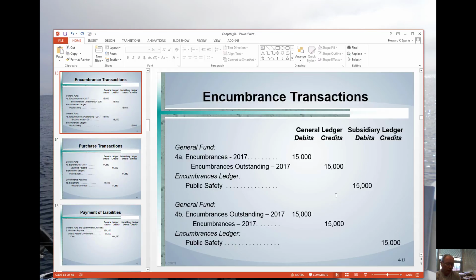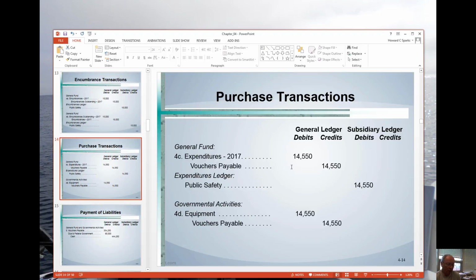For a particular one, we issued another purchase order for 15,000 related to public safety. This goes through, and the items came in, and it was only for 14,500, and so there you go. And then in government activities, it's equipment, and so you debit the equipment account as opposed to expenditures. So this is important to realize. Again, it reinforces the conceptual discussion in the first couple chapters.